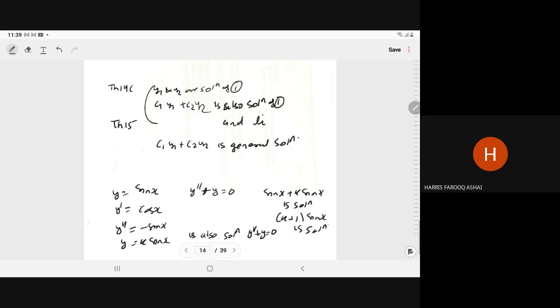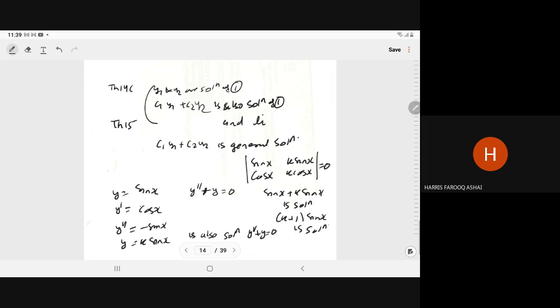So it cannot give all solutions, because sin x and k sin x, with derivatives cos x and k cos x, give the Wronskian equal to 0.